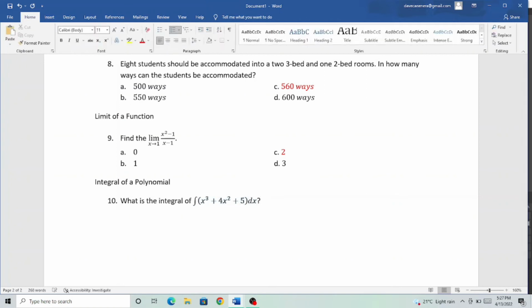That's right. So basically, to answer this, we will just be using the power rule. You know what the power rule is, right?